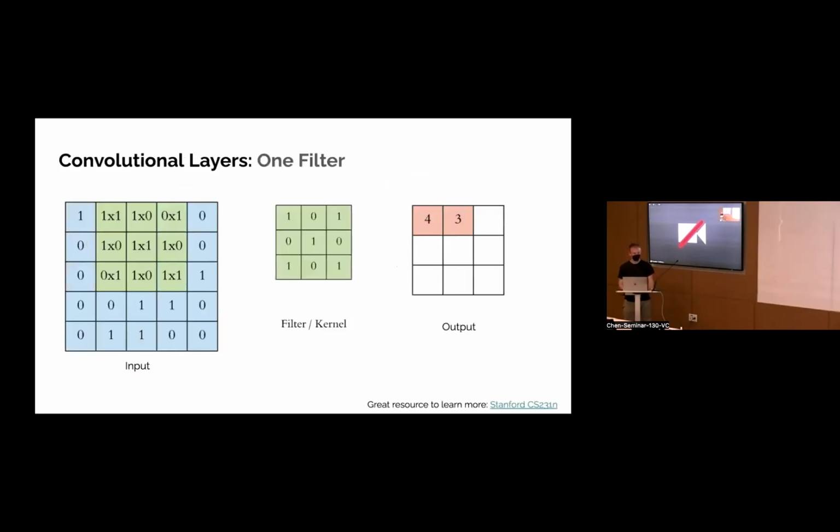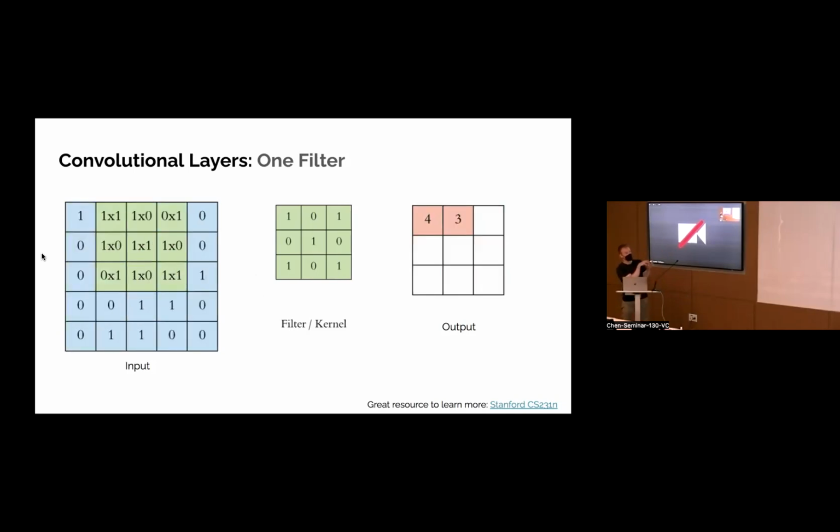And so what are these convolutional layers? I don't know how much you all have seen things like this. This is what a single convolutional filter does. This thing in the middle is the filter. It's a really simple example of a 3x3 kernel. And what a convolution is, you run this filter over the entire input image. So in this case, this is a 5x5 example input. You're sliding this filter over the entire thing.